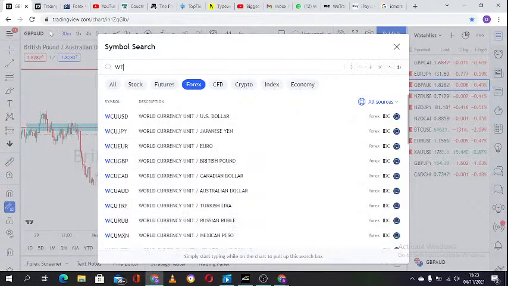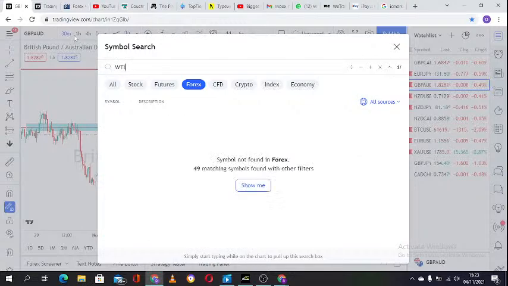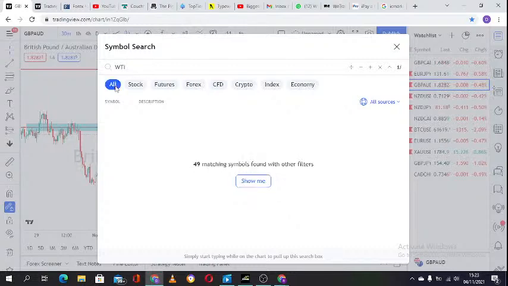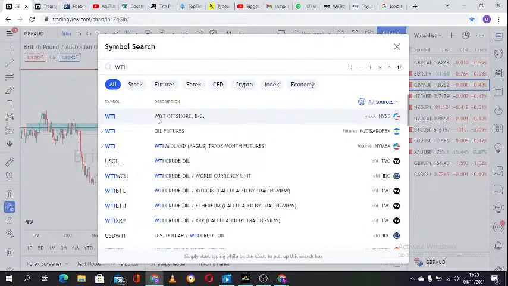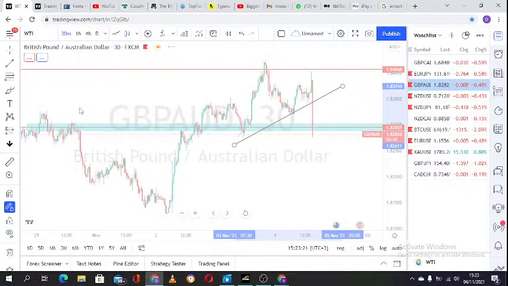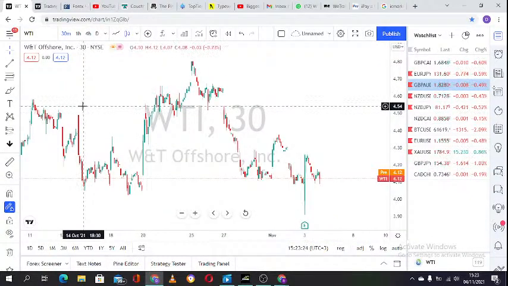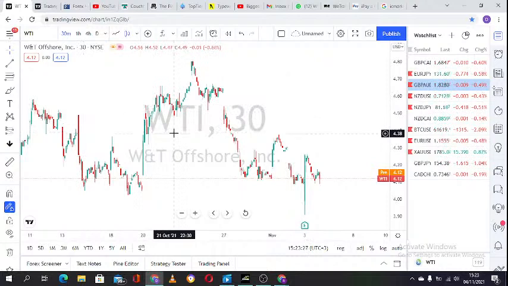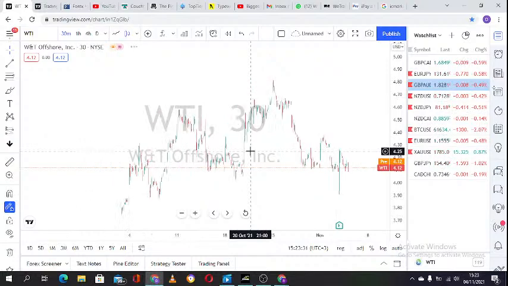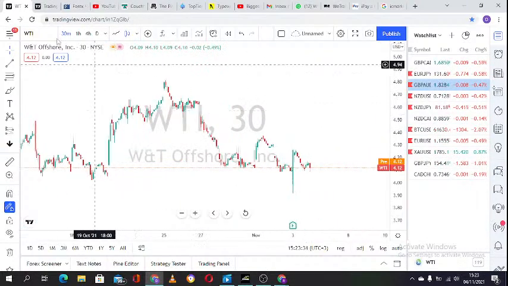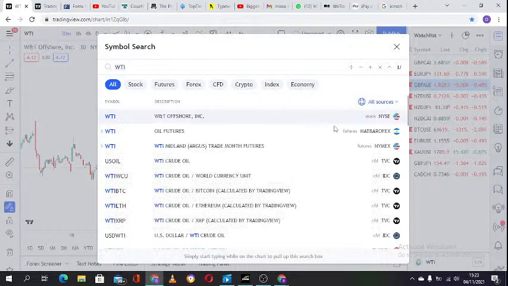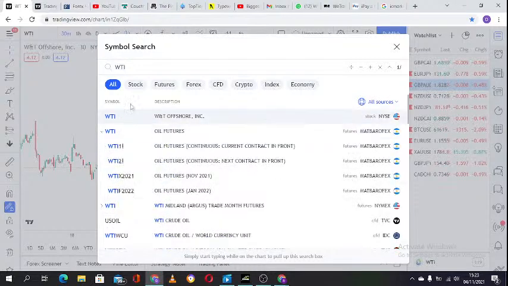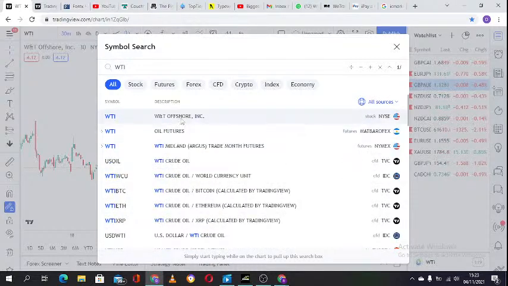WTI. You can also use oil. Let's see. Oil prices at $4.12. Okay. This is from NY. Let's see, oil futures. What's going on with this thing?